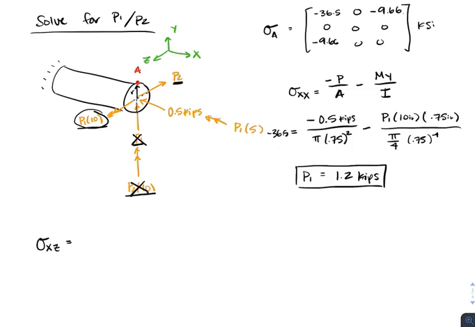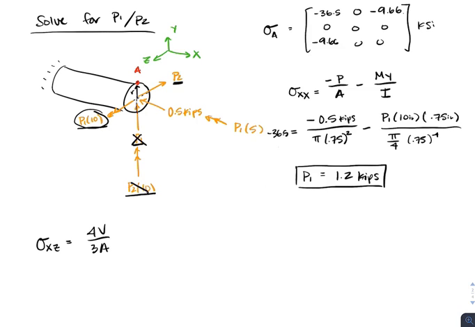So that equation is going to be 4V over 3A. So that's just for when the point that we're looking at is at our maximum. So in this case, that's what our force is going to be.